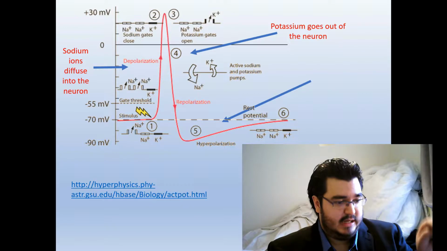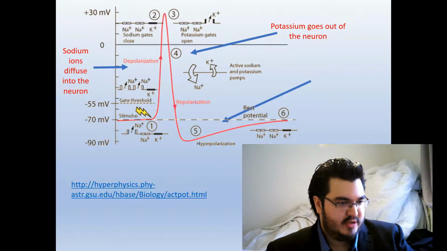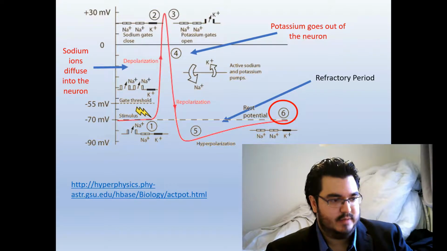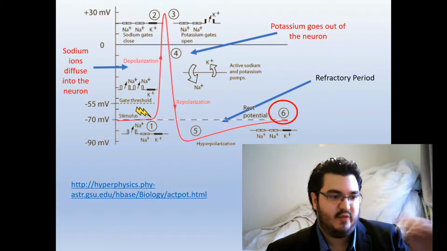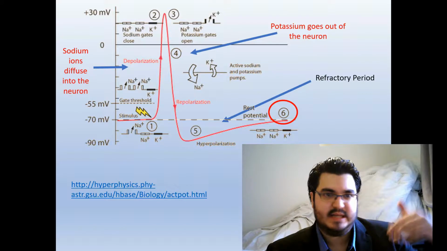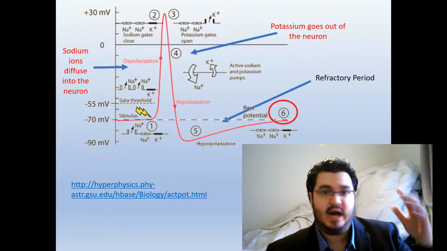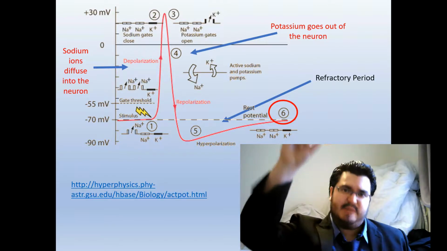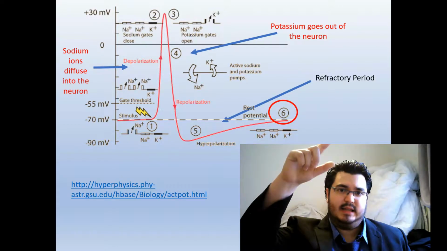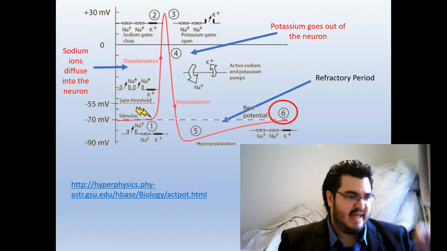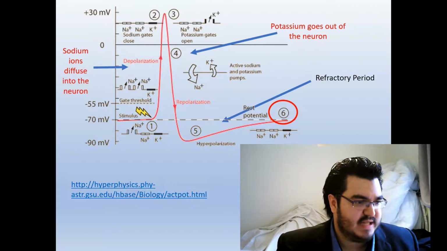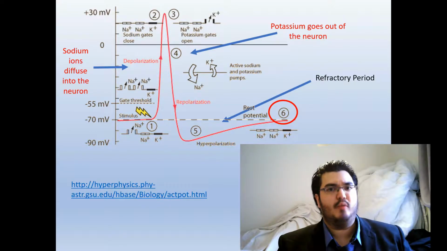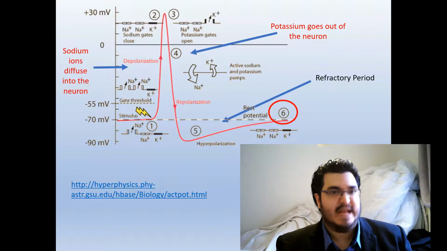Very simple. You start at the resting potential, minus 70 millivolts. You get a stimulus, and once it reaches a threshold, based on the movement of the ions, you get a massive depolarization in the membrane. That is when the sodium ions diffuse into the neuron, so it becomes more positive, so less negative.